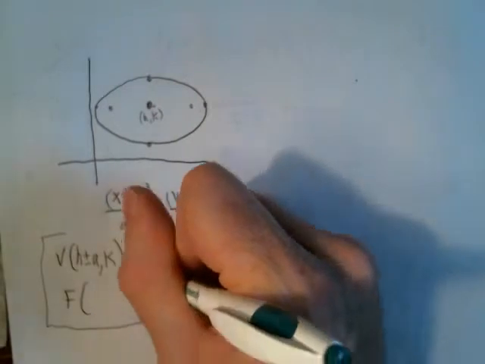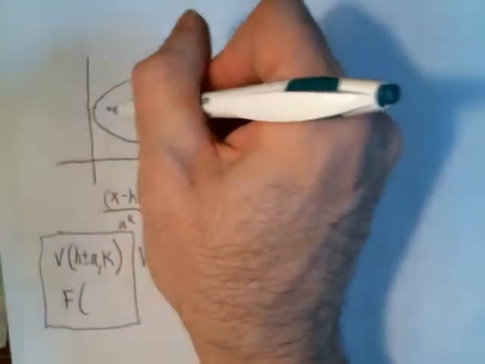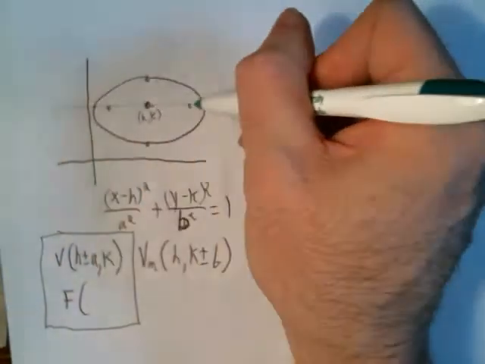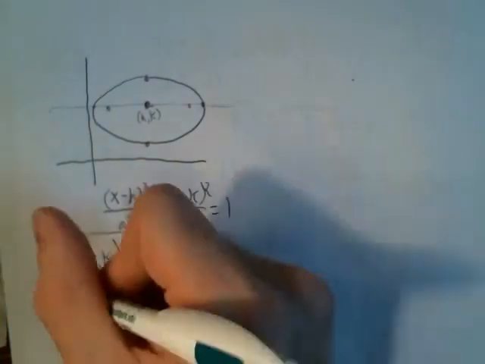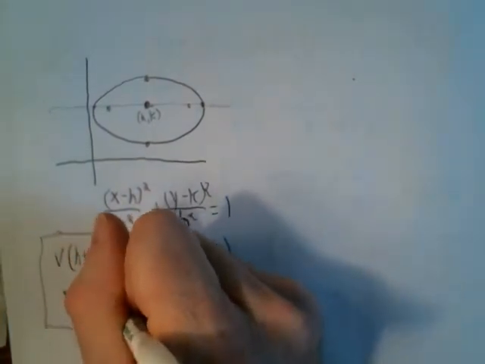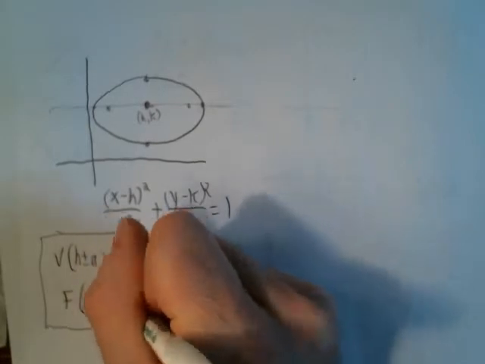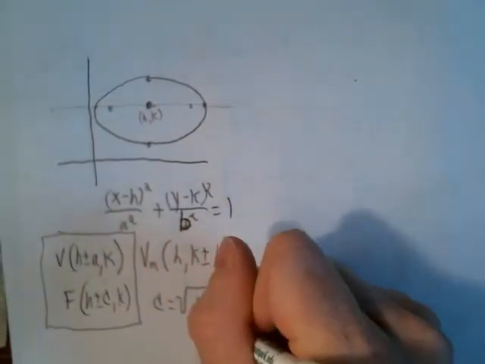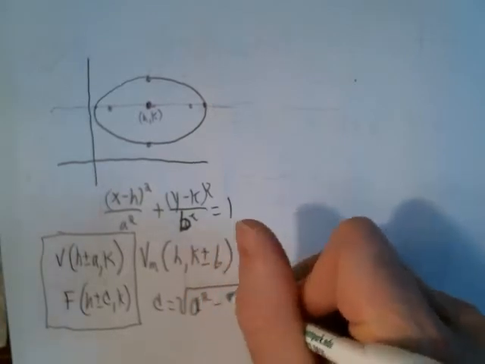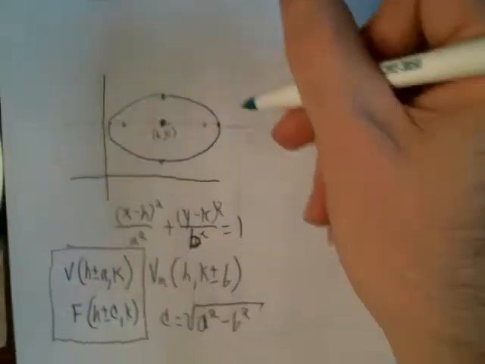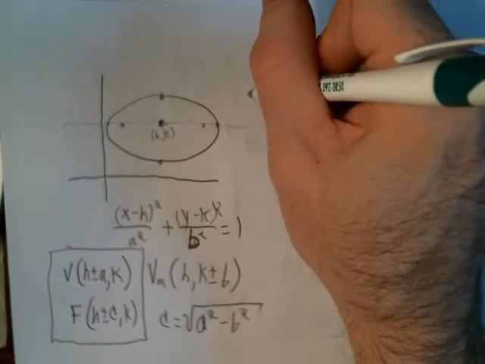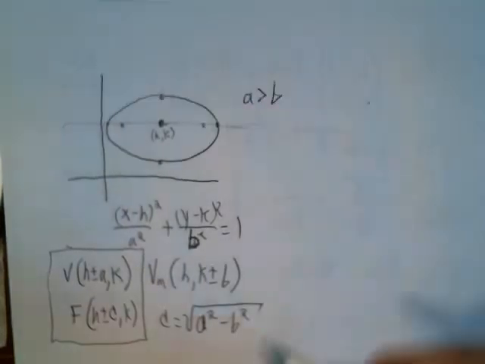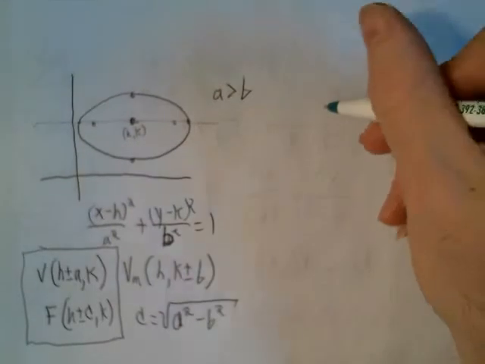These are similar because the points are on the same horizontal line. So this will be h plus or minus c, comma k. And of course the c formula is the same: c is the square root of a squared minus b squared.